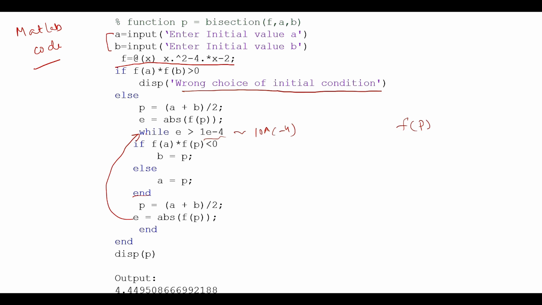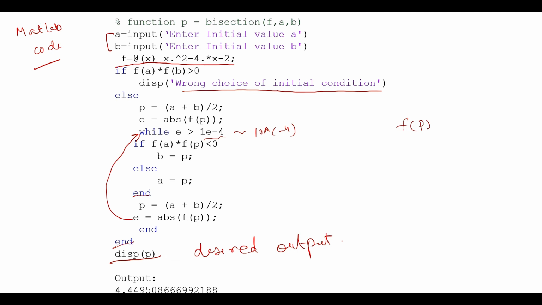As soon as it is less, it will come out of the loop. This is the end of the while loop. When the condition is not satisfied, it will automatically come out of the loop and display the value of p, which is our desired output.